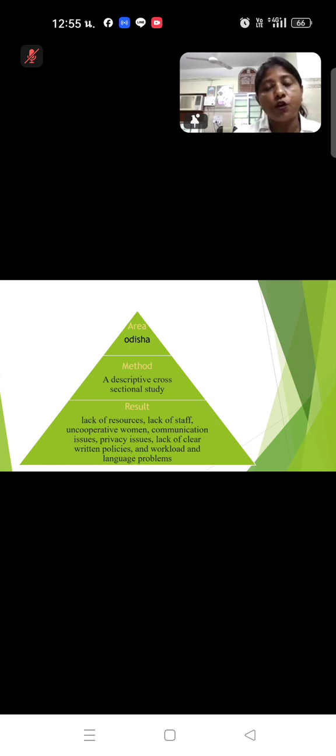Next, we come to the results of the study. First, a descriptive cross-sectional study was done in Odisha, where skilled healthcare professionals identified several barriers that affect their ability to provide RMC, which are lack of resources, lack of staff, uncooperative women, communication issues, privacy issues, lack of clear written policies, workload and language problems.